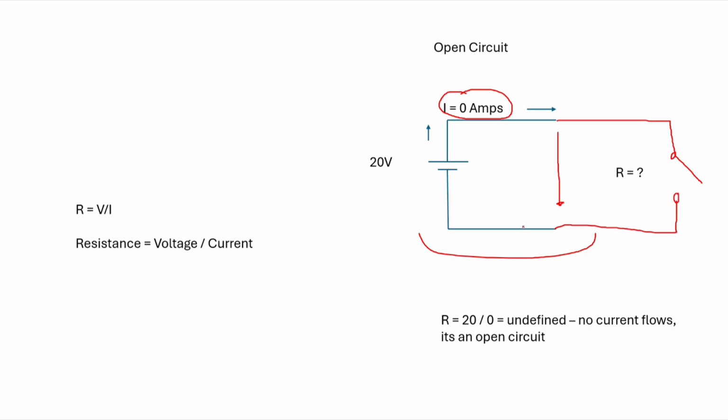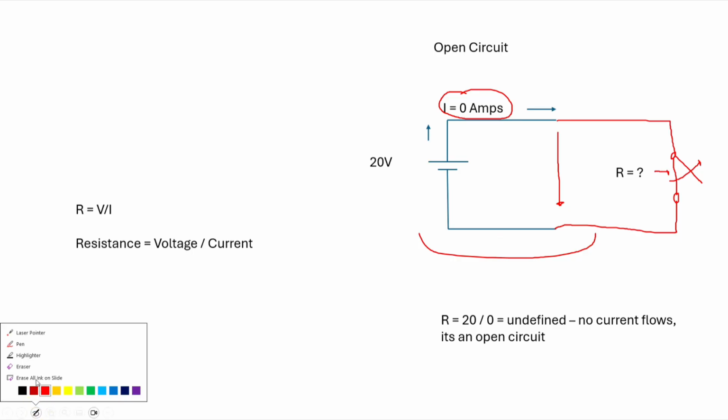Like the switch on your light bulbs, your lights around the house. The switch is open. The lights aren't going to light. Okay, that's an open circuit. If the switch was closed, that's called a short circuit. All right.